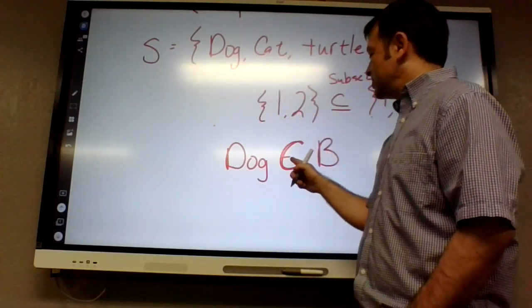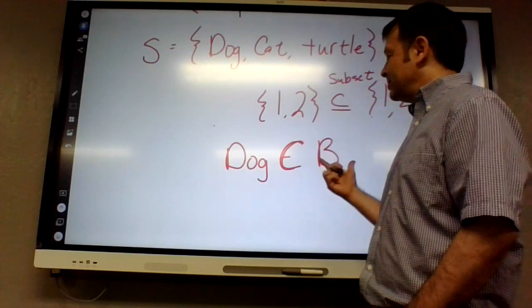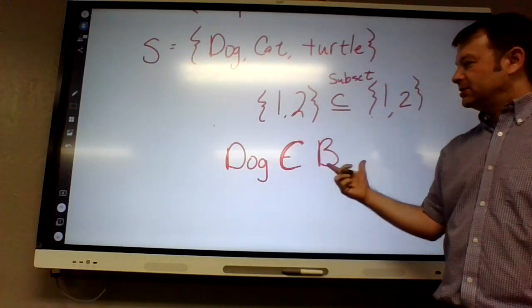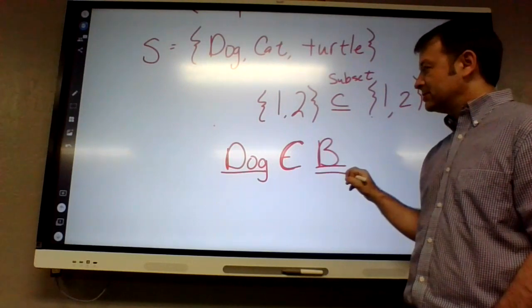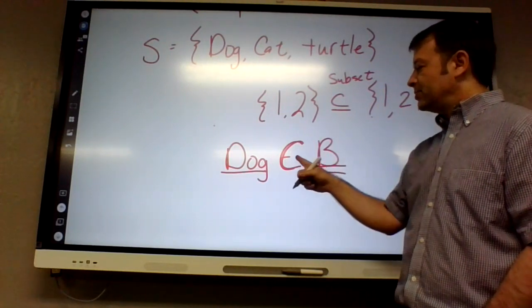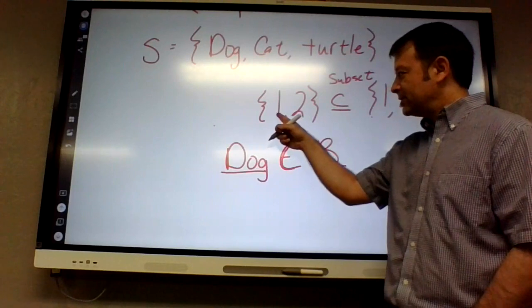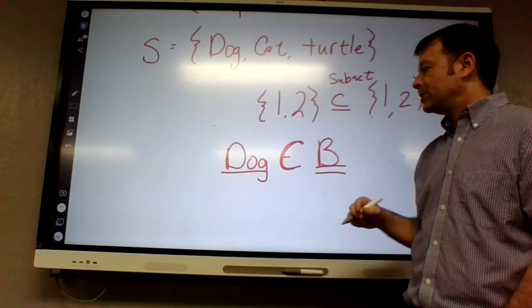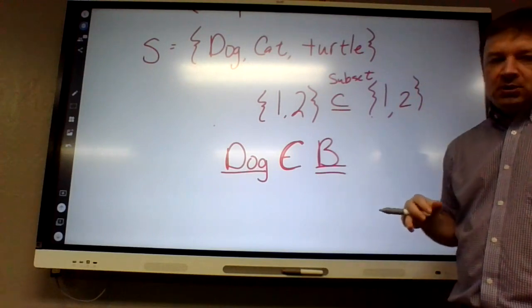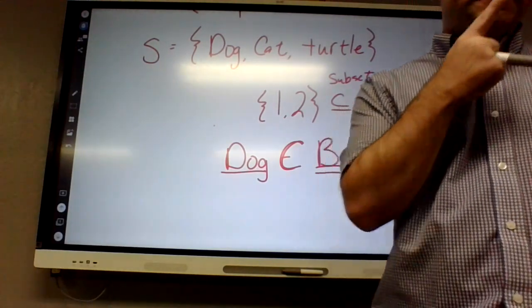So this means it's one of the things in the set. So this is only used for an element. Is it only used for one object, or can it be like dog and cat? Just one.